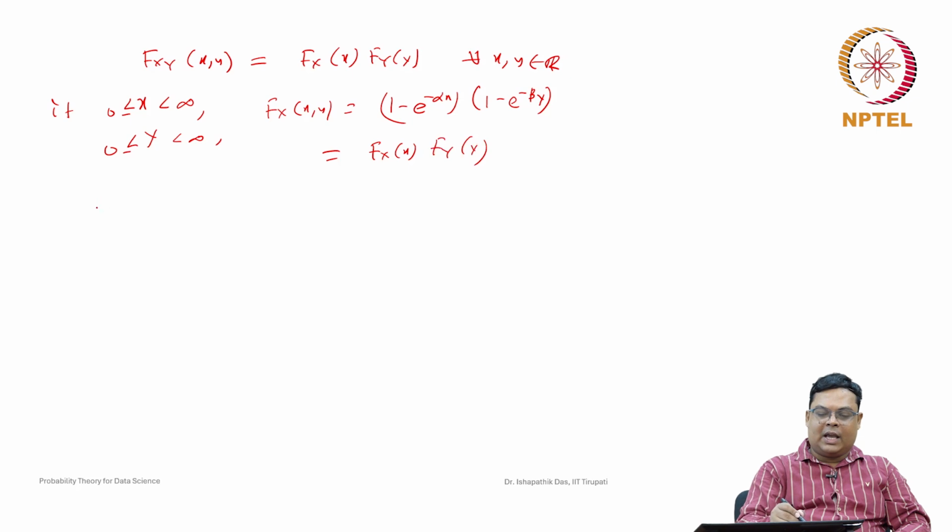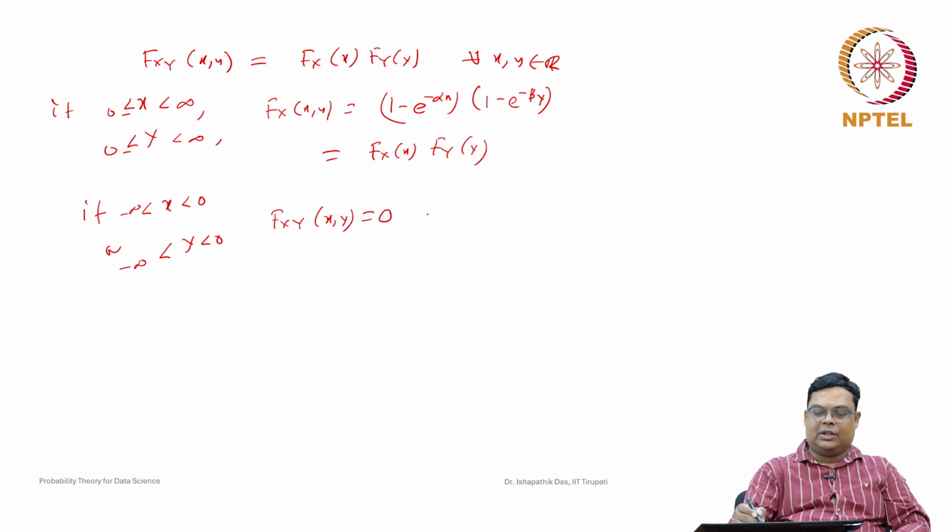Now, for any other case, the left-hand side will be 0. Suppose x is less than 0, or y is less than 0; the left-hand side F_XY(x, y) is also 0. Whenever x is less than 0, then F_X(x) will be 0, and if y is less than 0, then F_Y(y) will be 0. So, for any other case, both are 0.